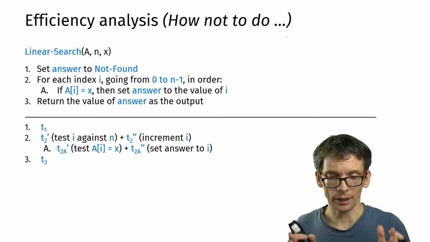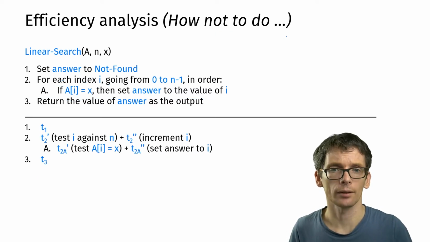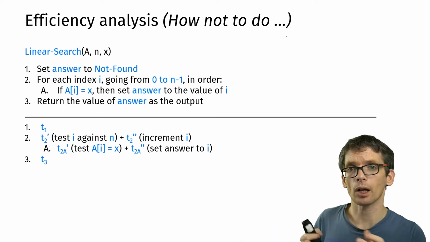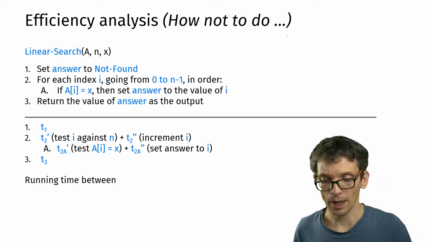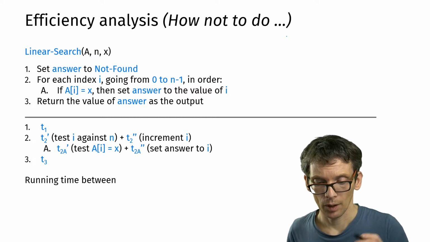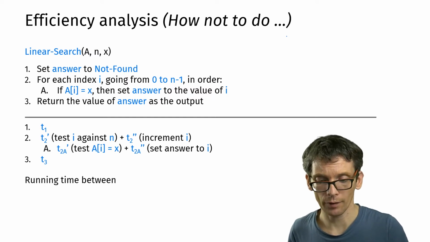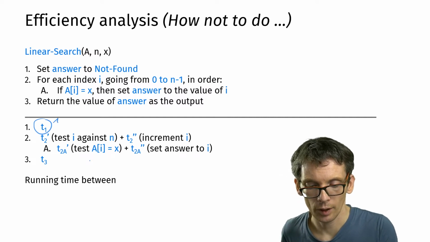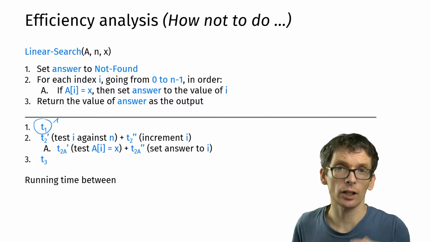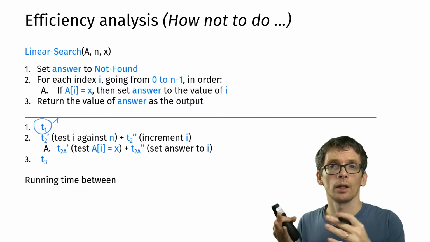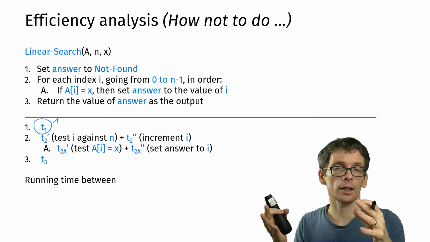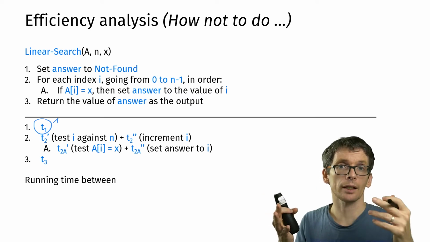If that is what we're getting, then I can derive lower and upper bounds on the running time, simply by looking at how often these operations are executed. t1, line 1, I only get once. Then testing i against n, I actually do n plus 1 times, because each time I start the loop, I'm testing it against n.